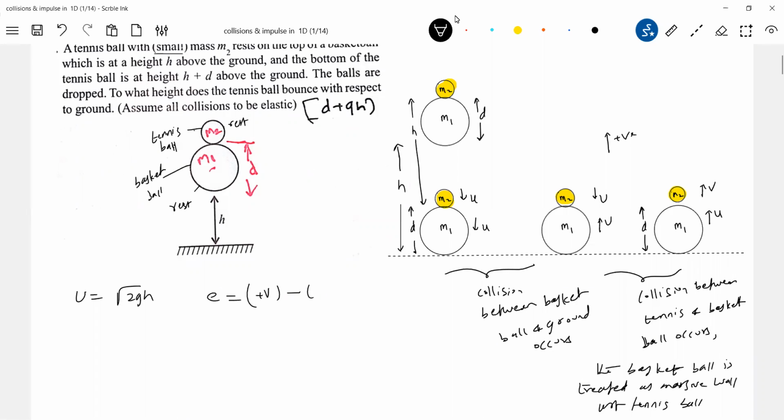After collision, the velocity of the tennis ball is v, and the basketball is upward, so plus u, minus u. Now try to see the symbols: V2 minus V1 by U1 minus U2. One is the basketball, sorry, the tennis ball.